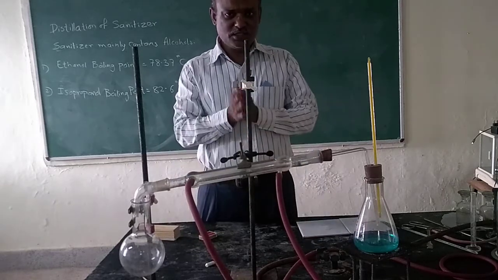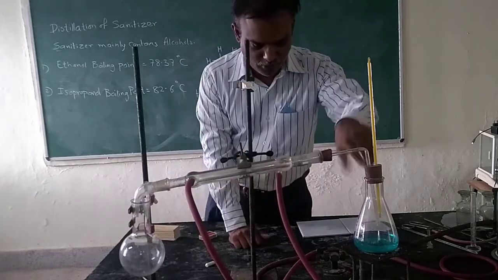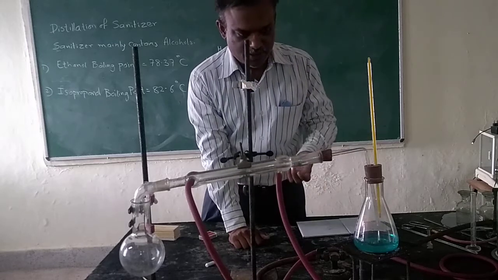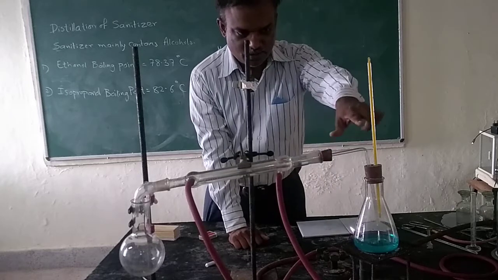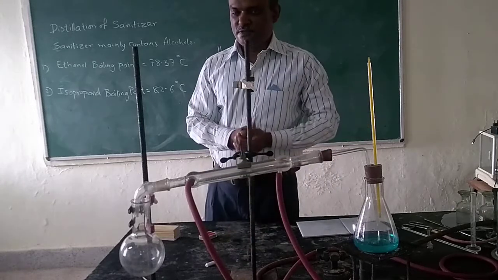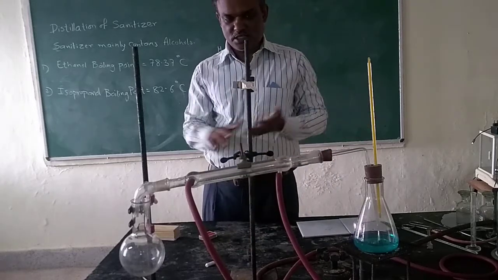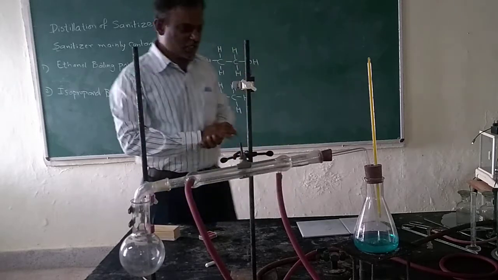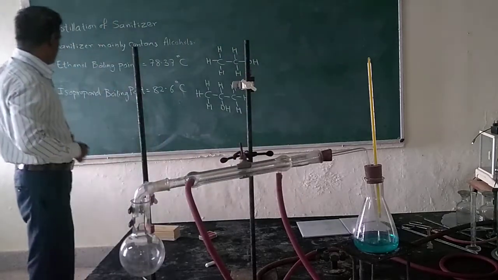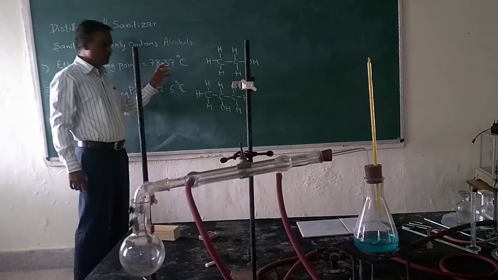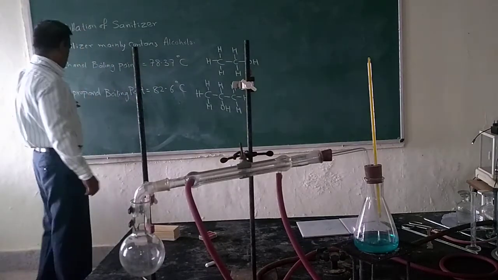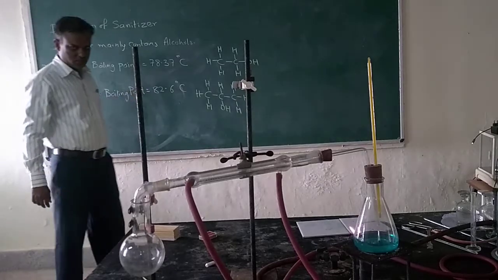Whenever the vapors are coming out or boiling of this liquid takes place, I will note down the temperature here from the thermometer, and I will see what the boiling point is. At the boiling point, I will note down whether it is 78.37 or 82.6.